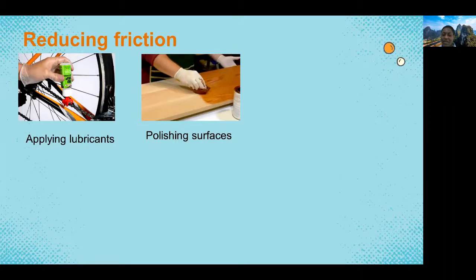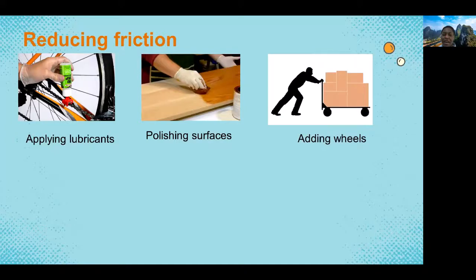You can imagine cleaning a very rough surface and a very smooth surface. The very smooth one is so easy to clean compared to the rough surface. So when we want to reduce friction, we polish surfaces. We make the surfaces very smooth.